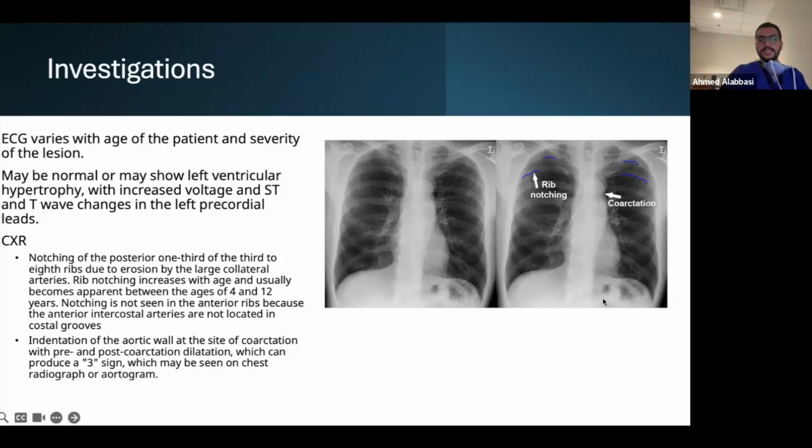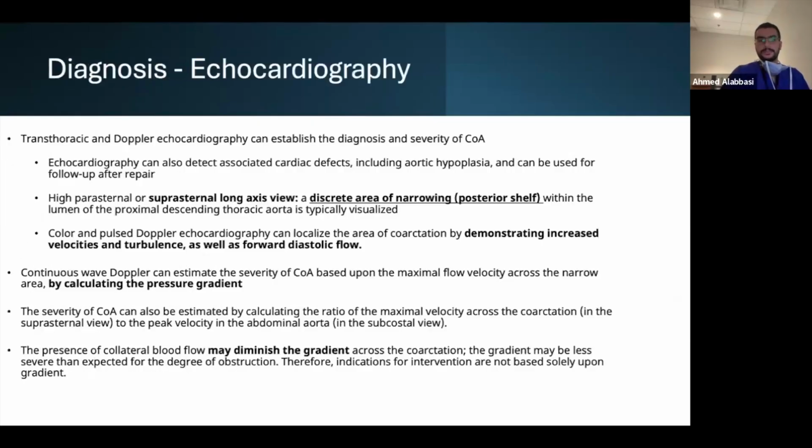And you may be able to see an indentation in the aortic wall at the site of coarctation, which is a figure 3 sign, which shows your pre-coarctation and post-coarctation dilatation. So this is on chest X-ray. Obviously, these may not be present in all patients, but if they are present, they would be indicative of a coarctation.